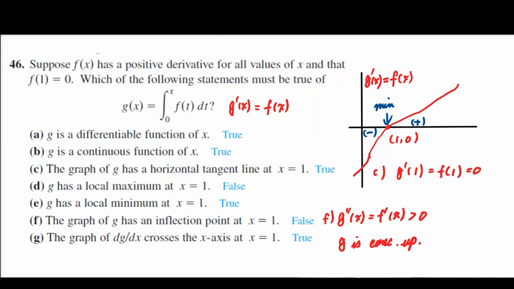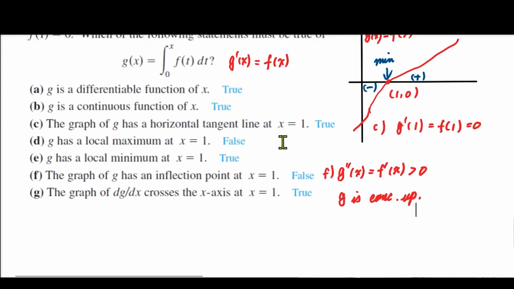You get it? No point of inflection right here. Good? Okay, now the graph of dg dx, which is equal to f, crosses the x-axis at 1. Yeah, sure it does right there. You get it? Because that's what you're told as a given. So that's true. How about that? Are we good? Question?